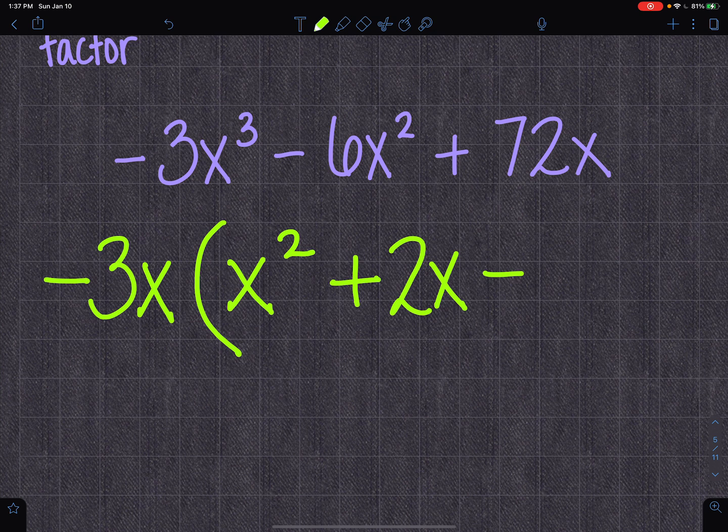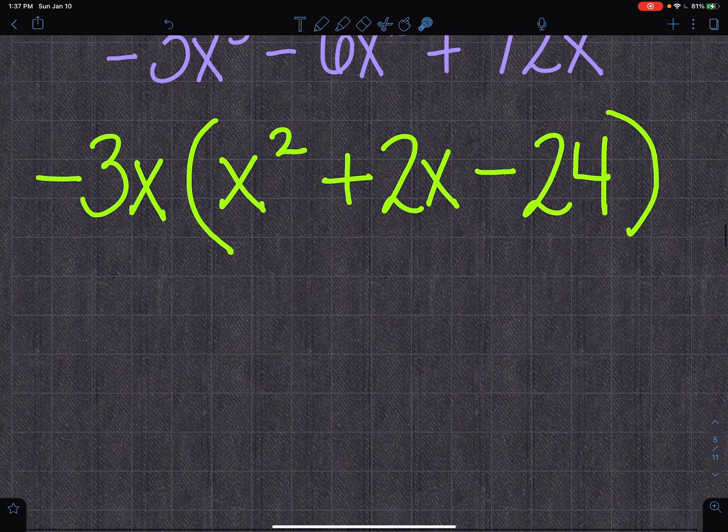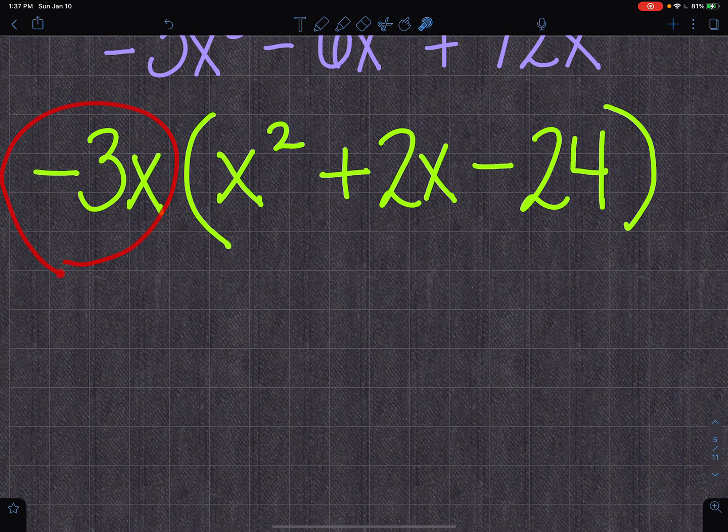And now I'm going to change the sign. What's 72 divided by 3? Apparently it is 24. And now this times this is going to be that. So I can pull all of that out. That's fair.